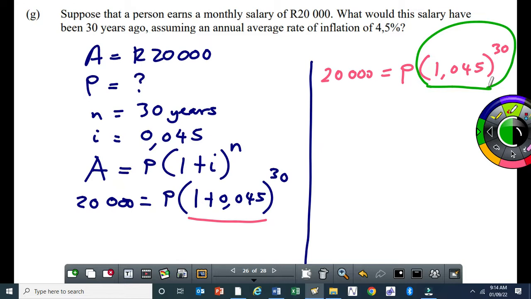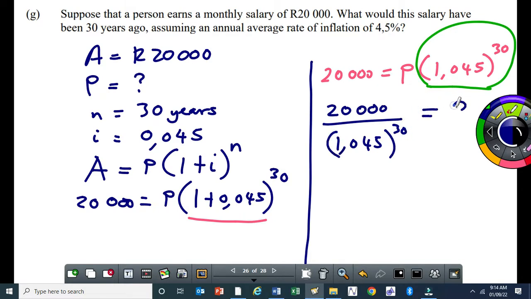Now your face should be smiling, and you should come out of that test or examination smiling, because this is very easy. So from here, it will be 20,000 divided by 1.045 raised to the power of 30.